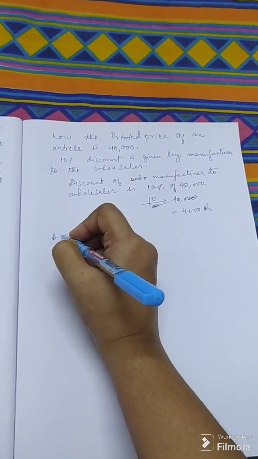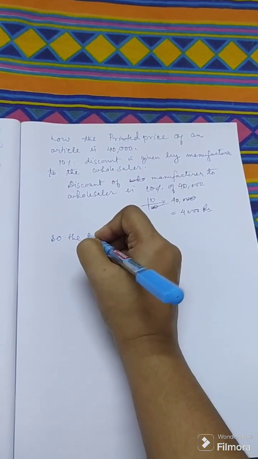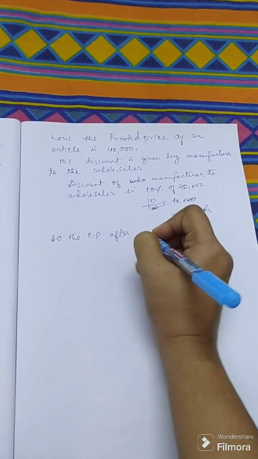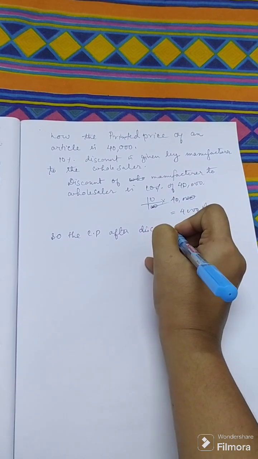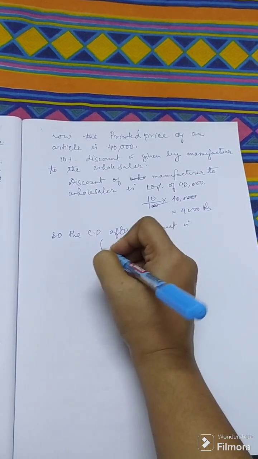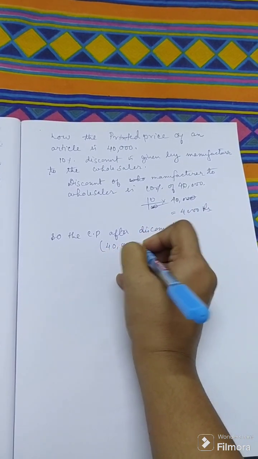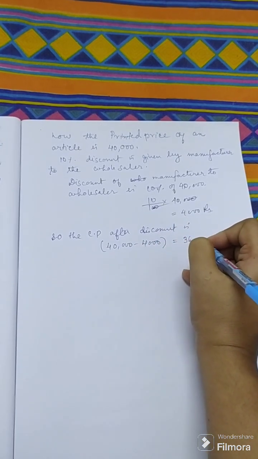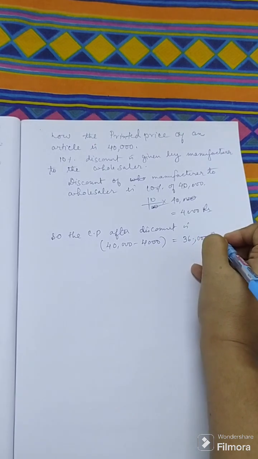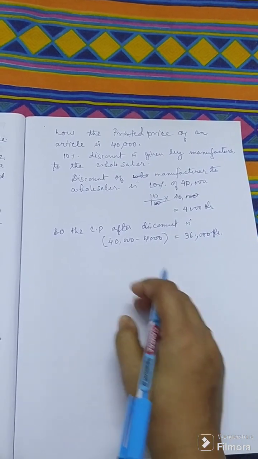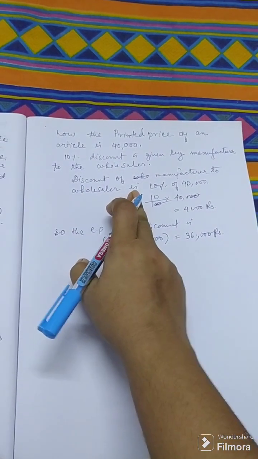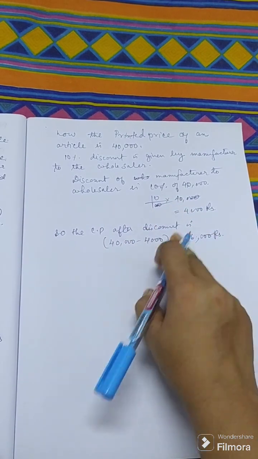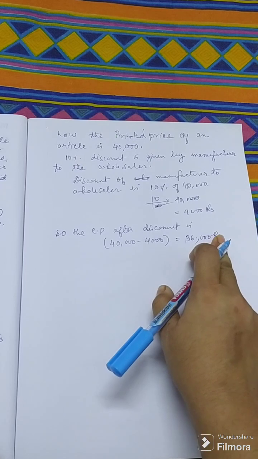So the CP, that means cost price after discount, is 40,000 minus 4,000, that is 36,000. Okay, so the wholesaler buys that product from the manufacturer at rupees 36,000.